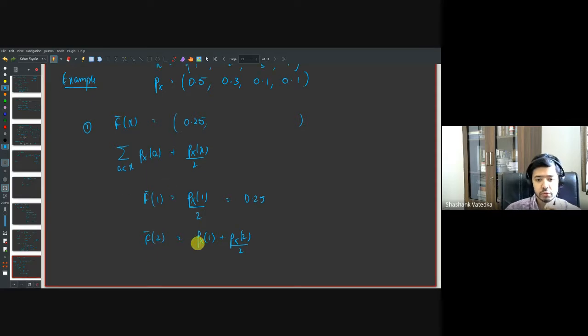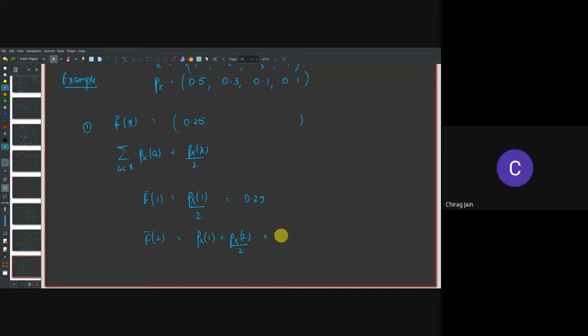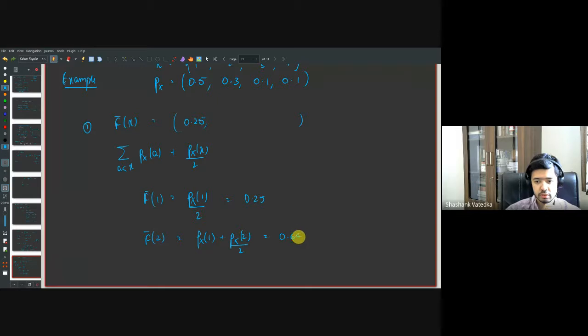So f bar of 2 is p x of 1 plus p x of 2 by 2. What will this be? 0.65. So this is 0.65. And what is f bar of 3?